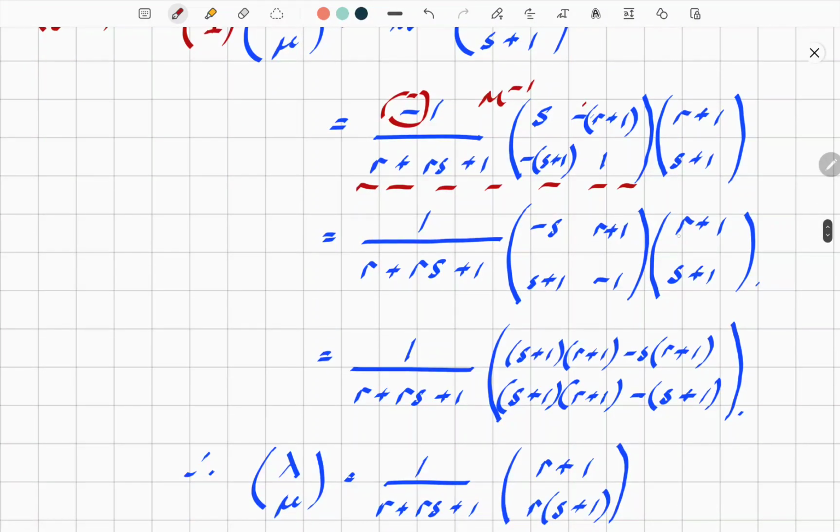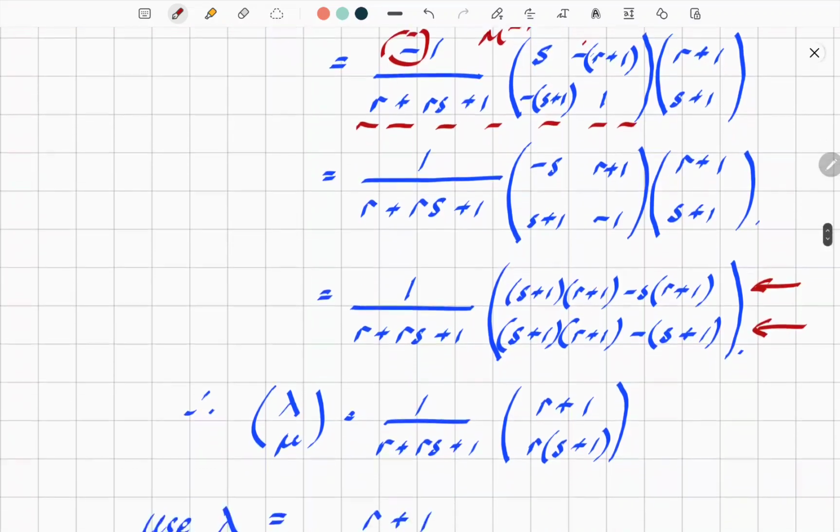Then when we multiply the elements of 2 by 2 by the column matrix here, so you got the components here, s plus 1 times r plus 1, all right, and you've got minus s times r plus 1, all right. Bottom component, the bottom row, s plus 1 times r plus 1 again, minus brackets s plus 1, all right. That should be fairly evident. Again, pause and work through it if you feel you need to, all right.